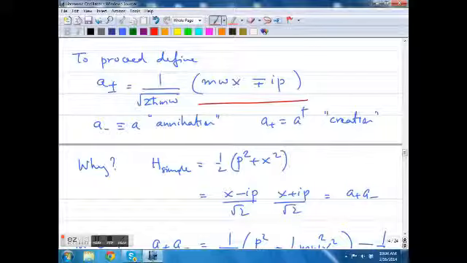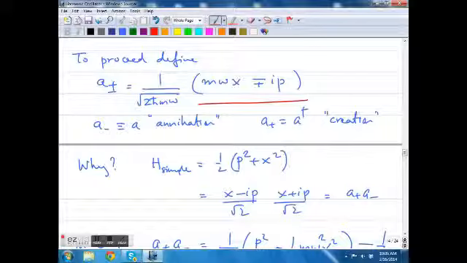It changes the minus i into plus i, and x and p being Hermitian leaves everything else unchanged. And a dagger or a plus is conventionally called the creation operator, for reasons that will become clear a little later. Now you might ask why we want to define these operators, why are they natural?